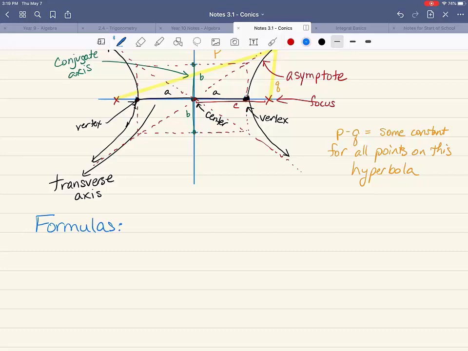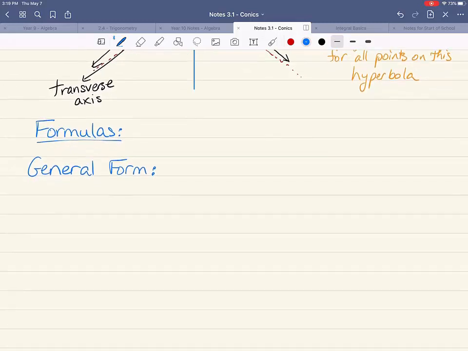And once again, they are the same as before. You have the general form, which is the same general form as before. I'm going to move it up some more. It's Ax squared plus Cy squared plus Dx plus Ey plus F equals 0.